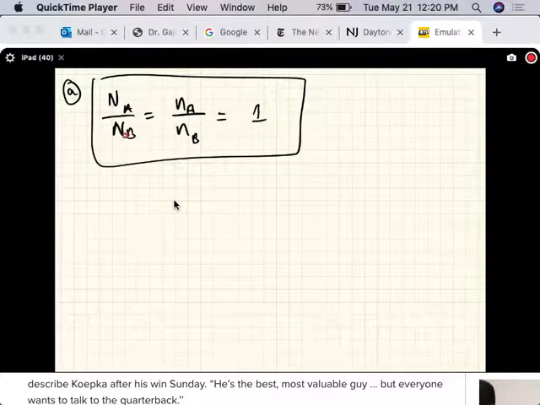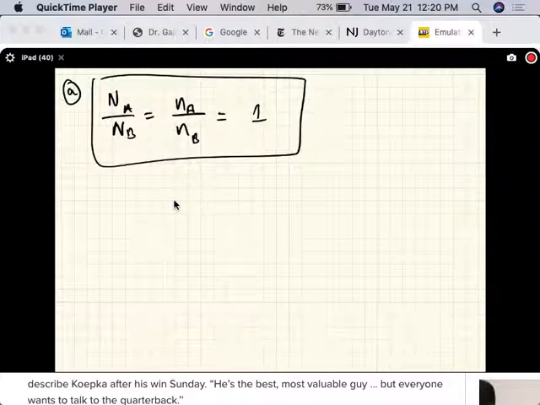Everybody understand this? Number of atoms is proportional to the number of moles.